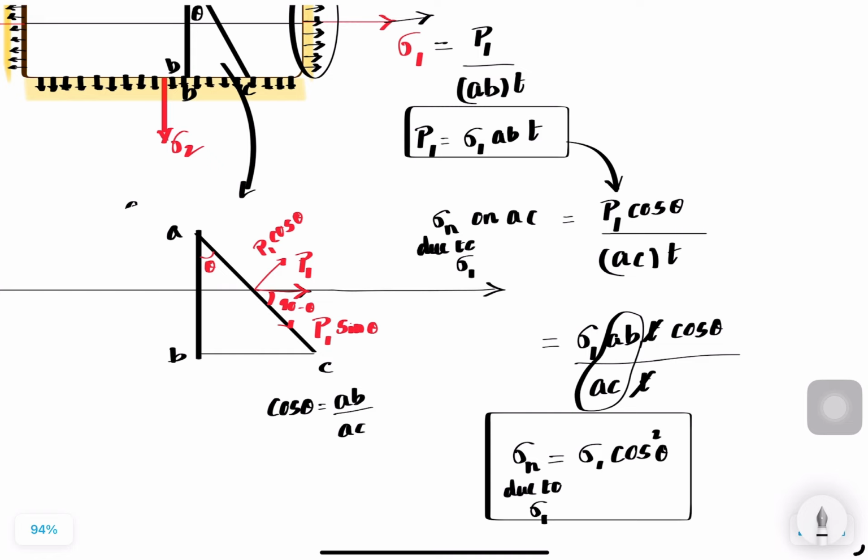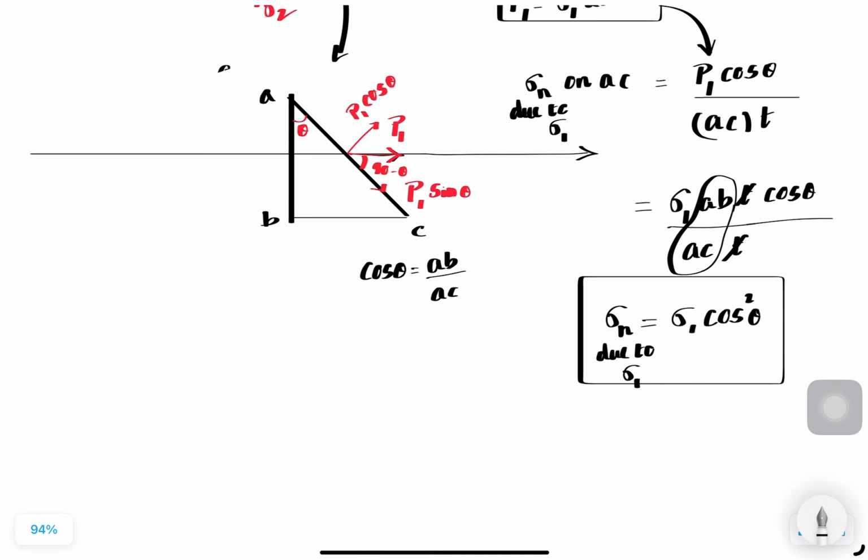We're going to find the expression for the tangential stress on this inclined plane due to sigma 1. That is very simple. In exactly the same manner, the tangential stress on AC due to sigma 1 is equal to the tangential force, which is P1 into sine theta, divided by the inclined cross-sectional area, which is AC into thickness.